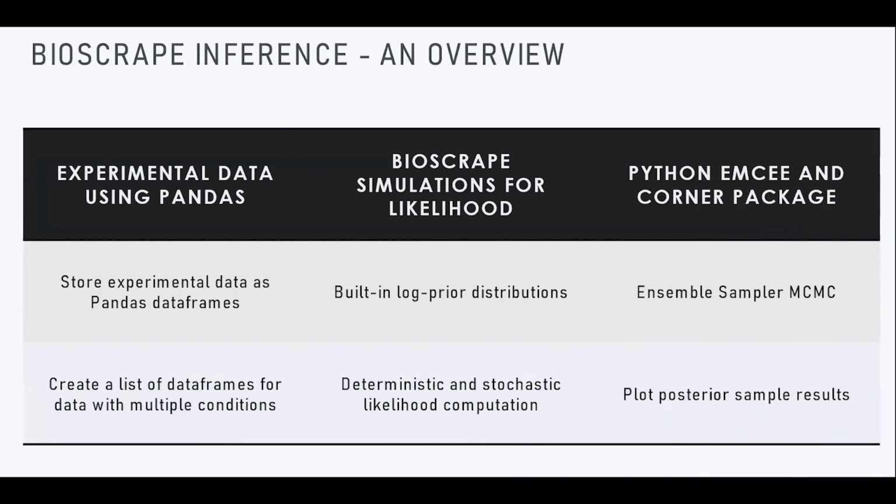So finally, an overview of how everything functions is we load the experimental data using the Python pandas package. Then you store it as data frames or create a list of data frames if you have multiple conditions. Then Bioscrape inference uses the internal Bioscrape simulators to compute the log likelihoods and run all of the other computation.